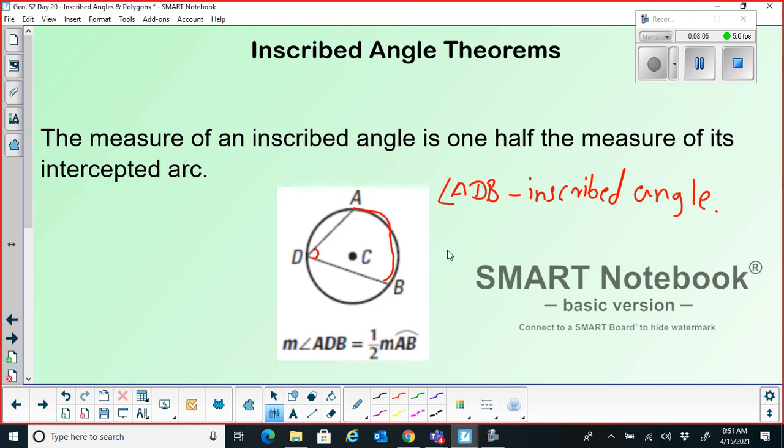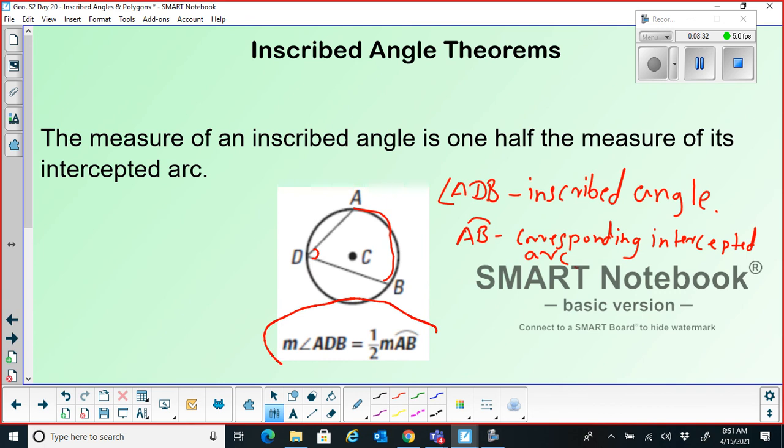Arc AB is the corresponding intercepted arc. Then the measure of this particular angle ADB will be equal to half the measure of arc AB. What does that mean?